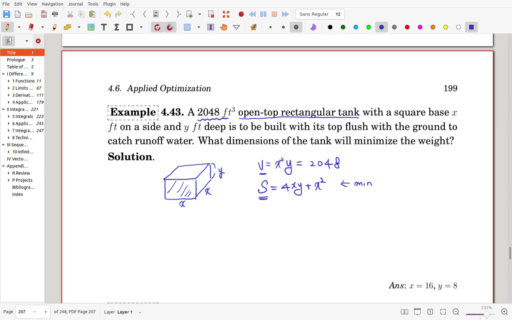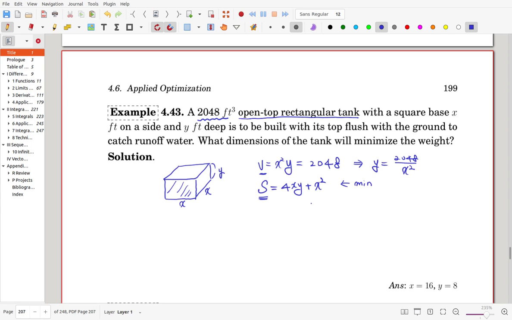By using the equation, we may express this surface area as a function of one variable. From this equation, let's try to solve it for y. Then y equals 2048 divided by x squared.